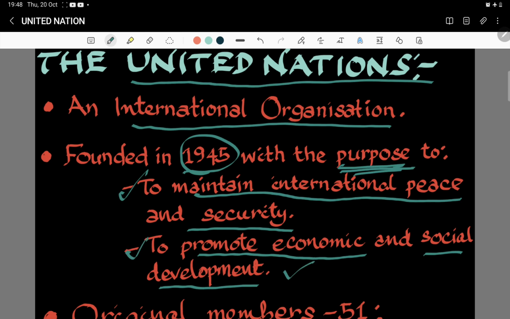So these are the two basic purposes of the United Nations.